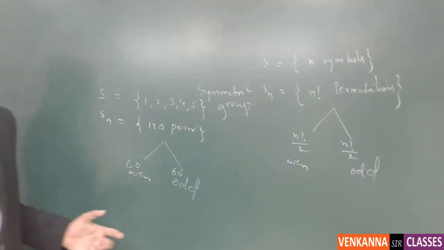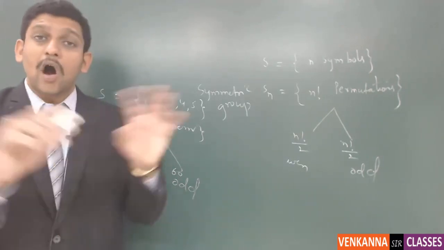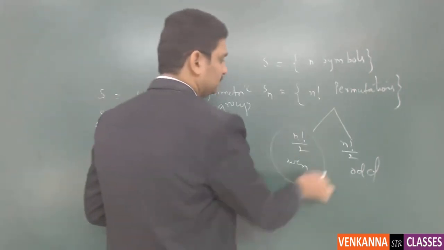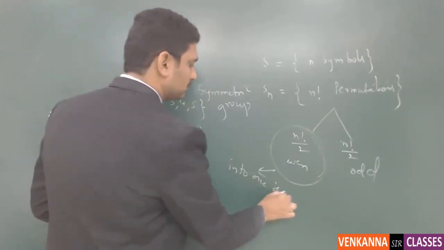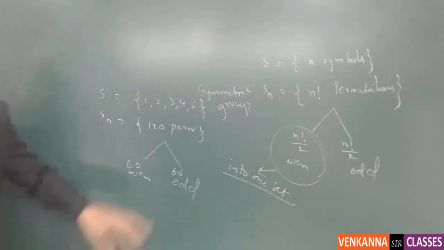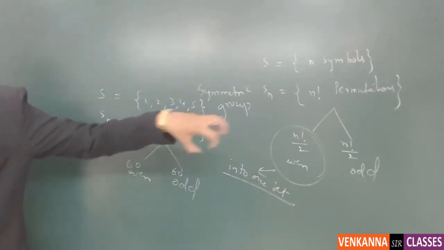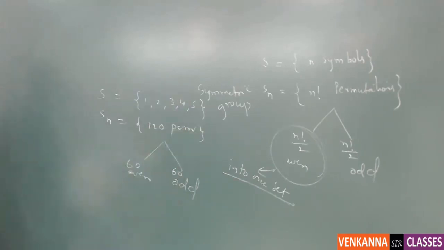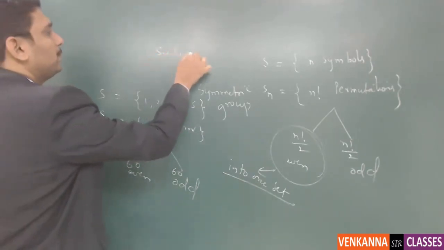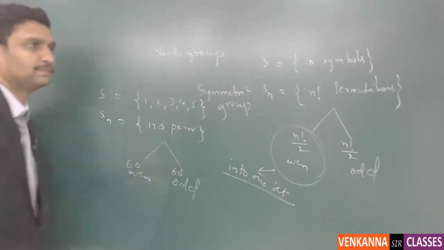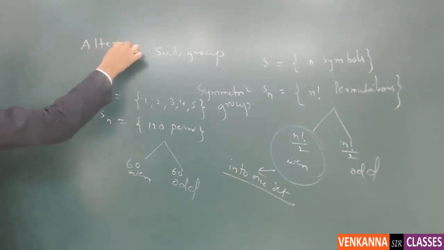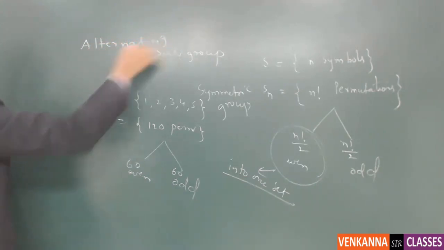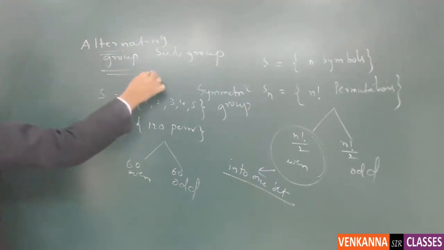Right. If you take all the even permutations into one set, it will become a subgroup. We call it the alternating group, and denote it with the symbol An.